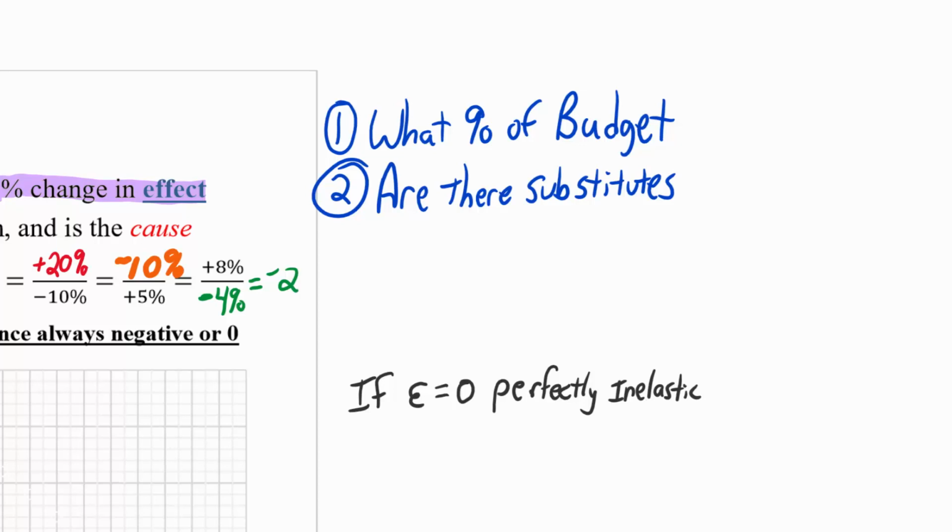If you don't have it, you're going to die. Now, if there was a good substitute for insulin, maybe some other kind of drug like aspirin, if the price of insulin went up, maybe you just use aspirin instead, but that's just not going to work. There aren't any really good substitutes for insulin.